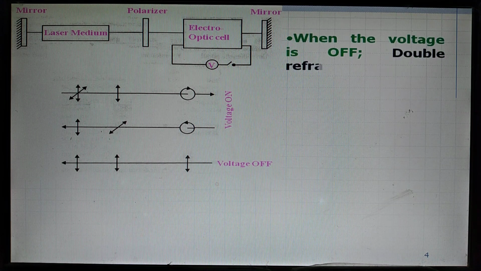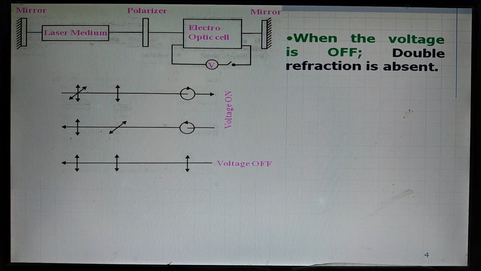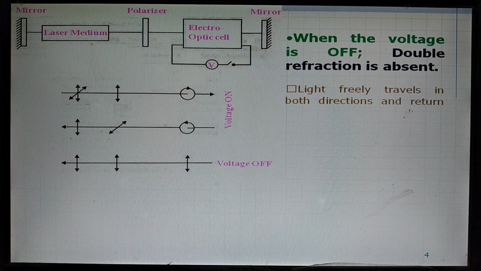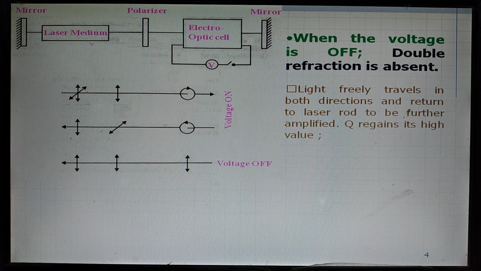Now, when the voltage is off, double refraction is absent. Light freely travels in both directions and returns to the laser rod to be further amplified. That means Q regains its high value, that means the cavity is switched on.